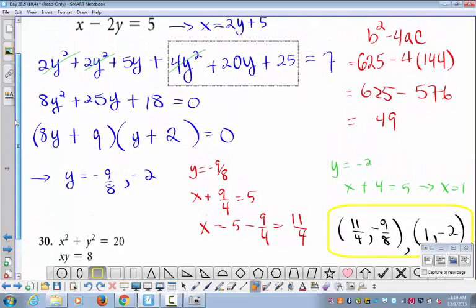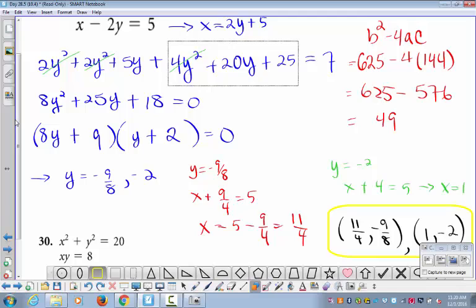So any question on any step? Which one? Here? Yeah. So we're taking the negative 9/8, we're plugging it in right here, which makes it positive 9/4.